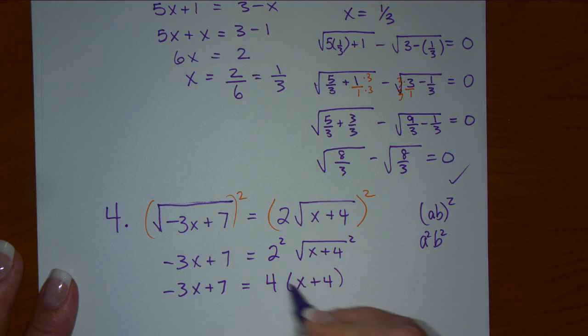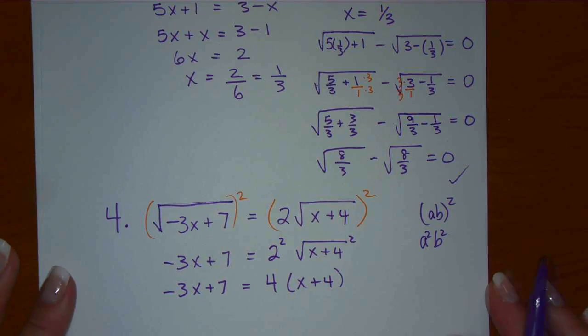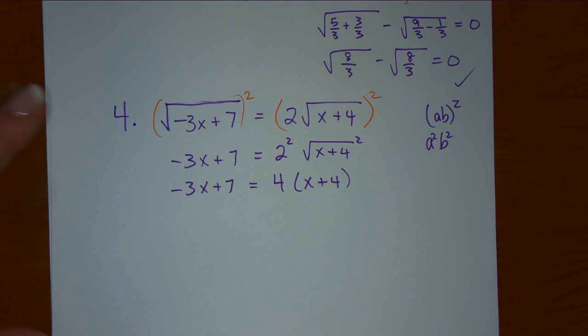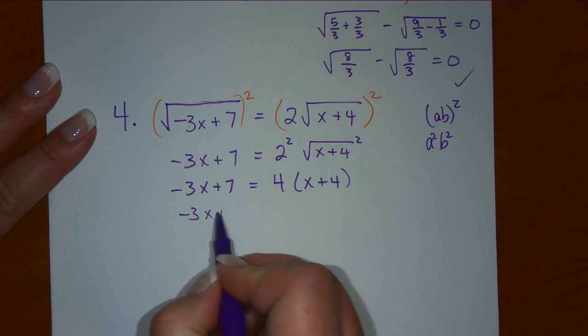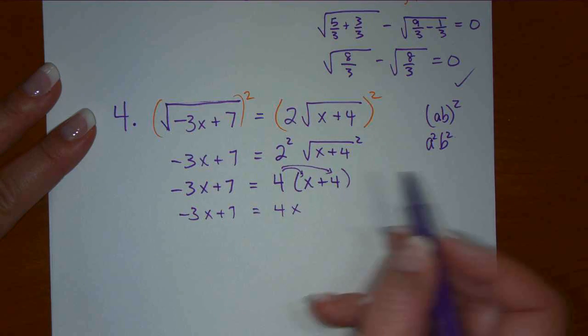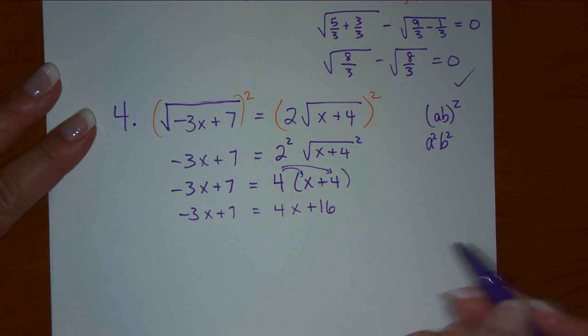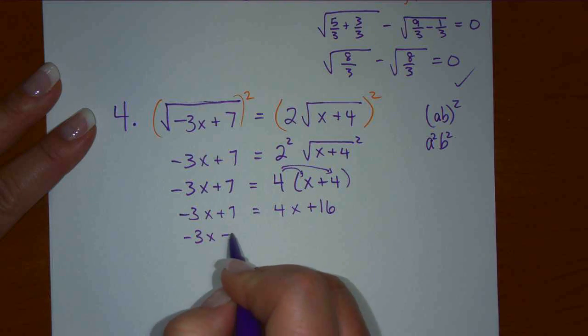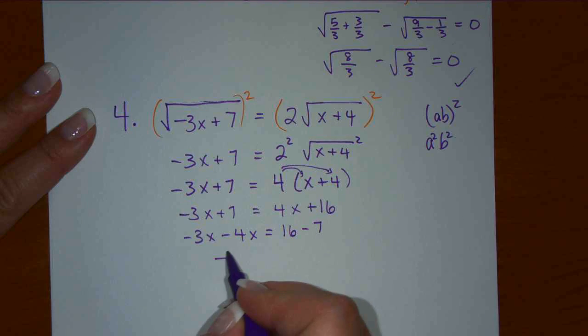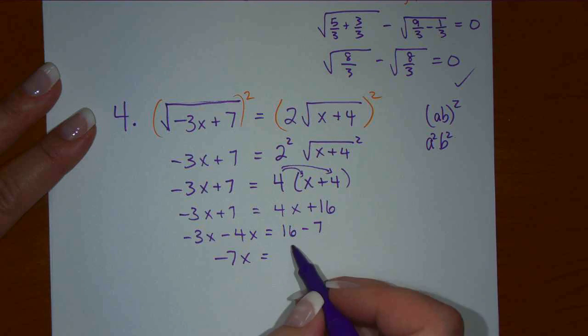And make sure that's in a bracket because that 4 is times the whole thing, not just times the x. And now we can solve. 4x and 4 times 4, 16. Minus 7x equals 9.